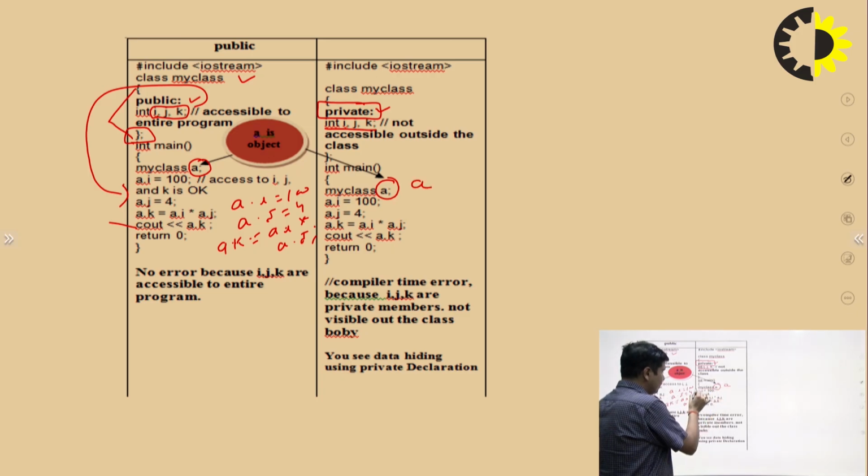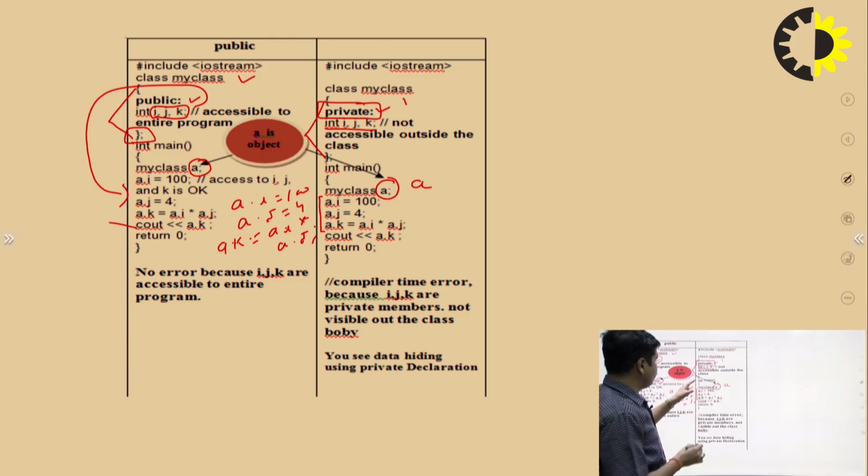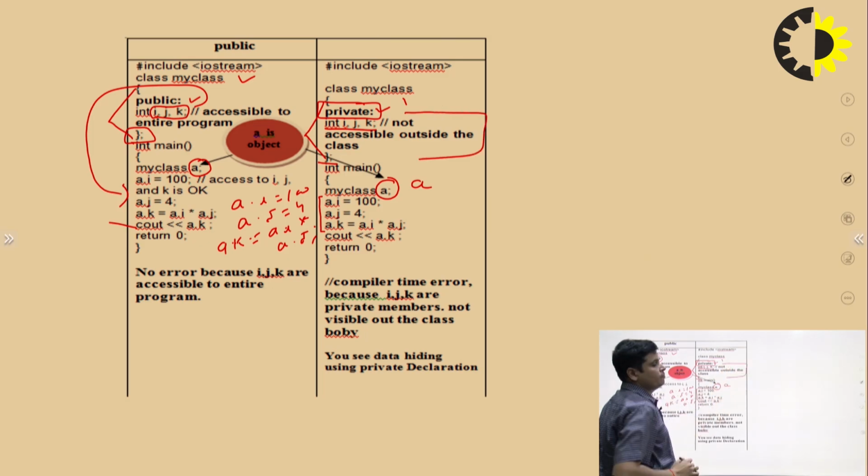But here I am going to access these three variables which are declared as private inside the class my class. So now, as I said earlier, the visibility of these three members is only within this boundary. After this boundary, these members are not visible.